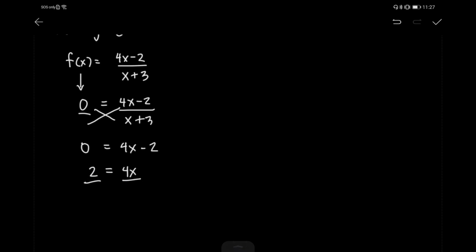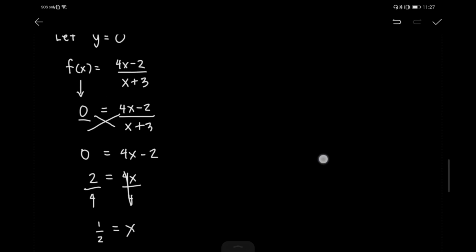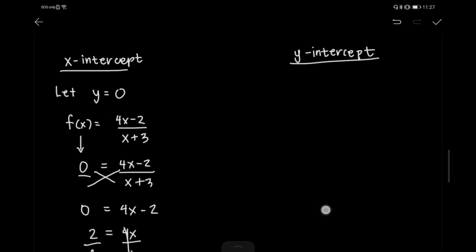Then divide both sides by 4. So x equals 2 divided by 4, which is 1/2. So the value of our x is 1/2 and our y is 0. So this is our x-intercept.